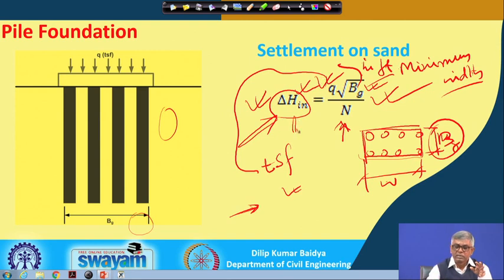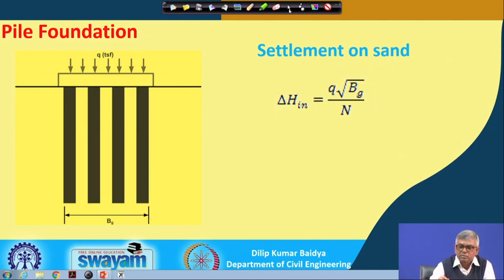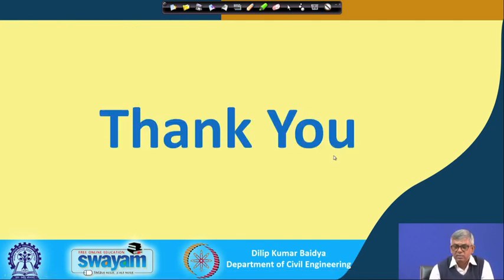The outcome will be in inch, and q should be used in tons per square feet, and Bg should be used in feet, and that too Bg is the minimum width of the group, and N is the SPT blow count for the soil layer. So, with this I will stop here, and I will try to show you some numerical example to explain.